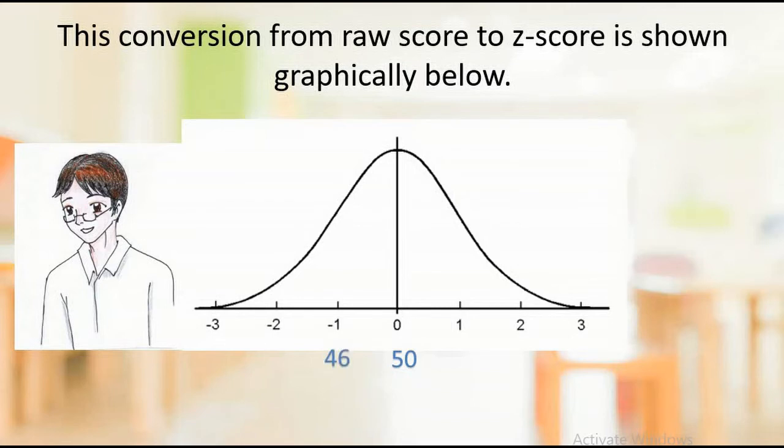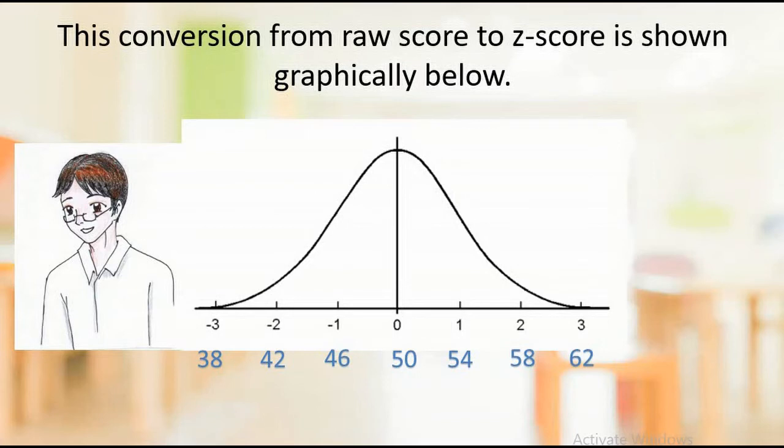Then 46 minus 4, that would be 42. 42 minus 4, that would be 38. Then to the right, so you add 4 to 50. So 50 plus 4, that is 54. 54 plus 4, that is 58. 58 plus 4 is 62.